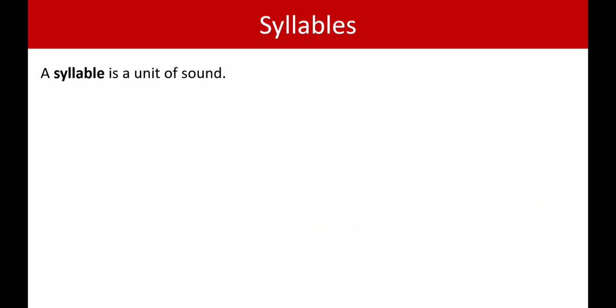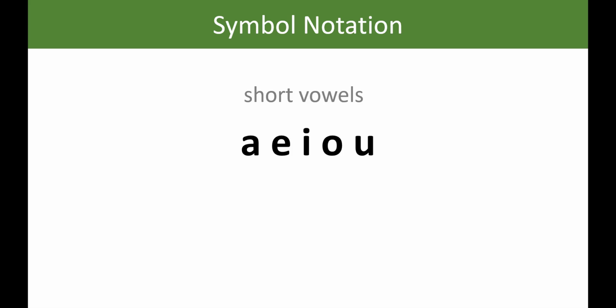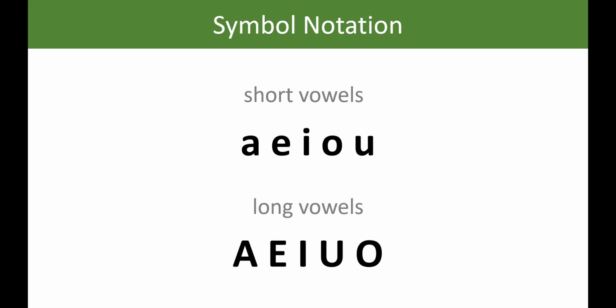Before we look at the types of syllable, I want to talk a little bit about symbol notation. So here are the short vowels, and here are the long vowels. In symbol notation, a short vowel is shown with a capital V, V for vowel, and a long vowel is shown with a capital V with a hat.